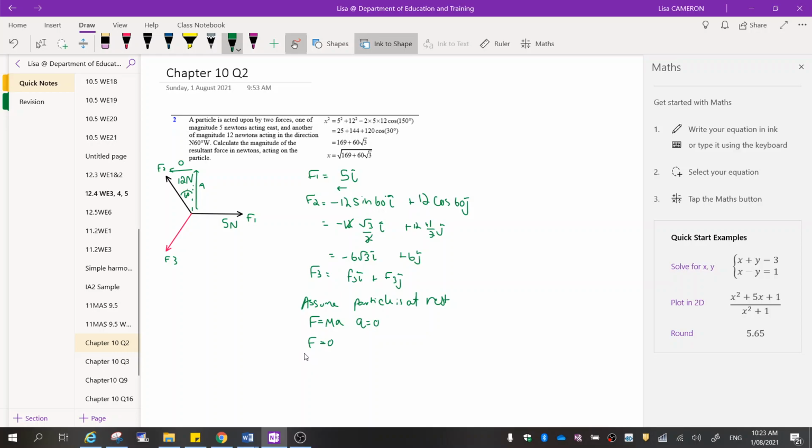So that means for the i components, 0 is equal to, now I'm going to look for my i components, this one, and then this one, and then this one. 5i minus 6 root 3 i plus F3i.